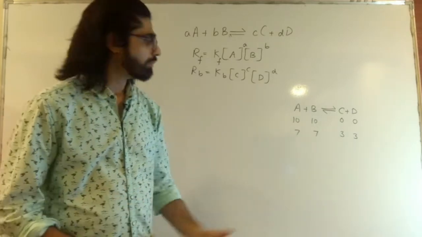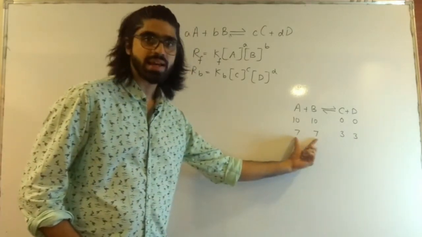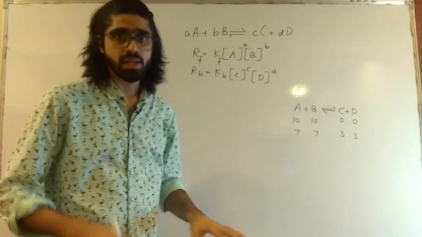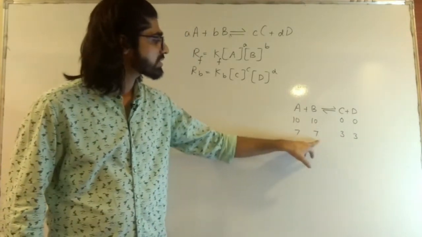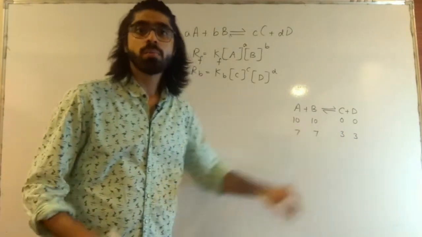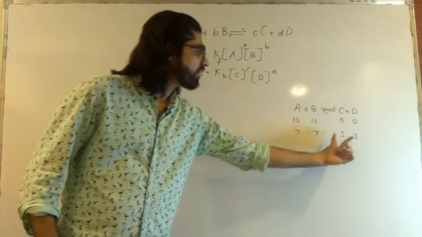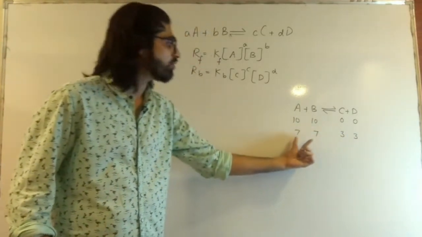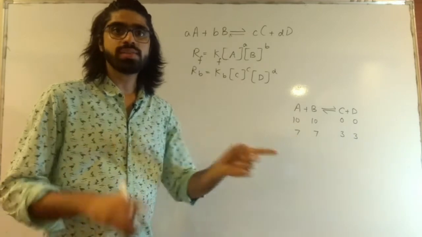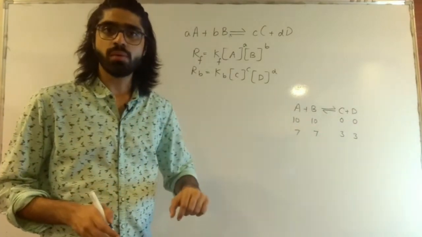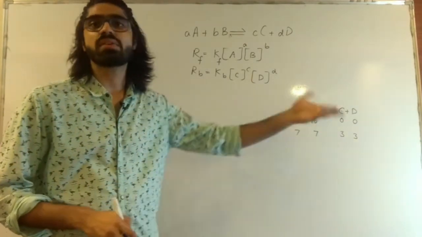Say for example that 1 mole of A and B are reacting, giving you 1 mole of C and D. The concentrations will become 6, 6, 4, 4. But at the very same time, 1 mole of C and D will also react, giving you 1 mole of A and B. So again that 6, 6, 4, 4 will now become 7, 7, 3, 3.